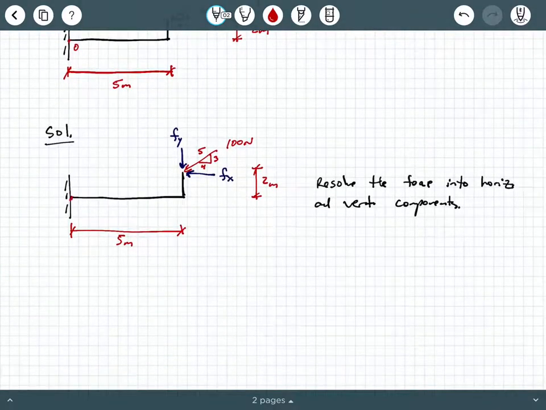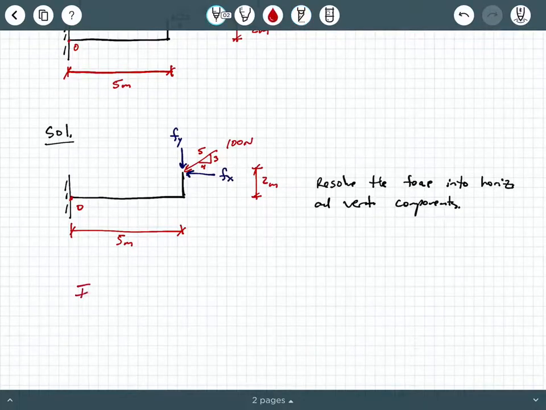So what's happening at point O is we're getting a tendency of rotation, but it's broken down based on the tendency of rotation caused by the vertical component of the force and also caused by the horizontal component. So in a situation like this, what we have to do is look at the tendency of rotation about point O due to each of these components separately, and then we need to add their effects.